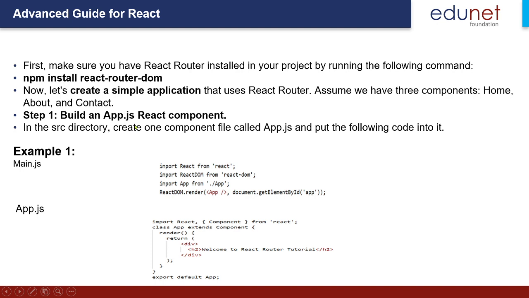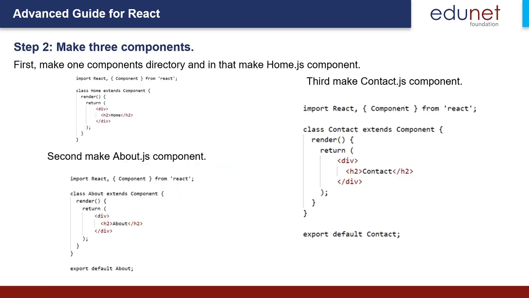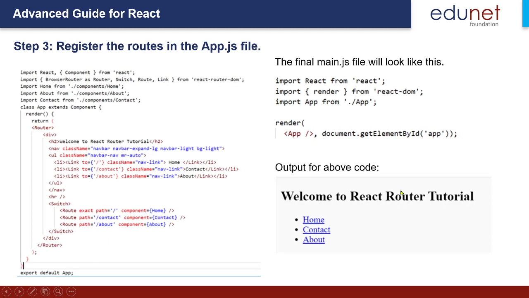Okay, and build an app.js React component. In the src directory, create one component file called app.js. Make three components: this is your first component, this is the second, and this is the third. This is about, this is home, this is contact.